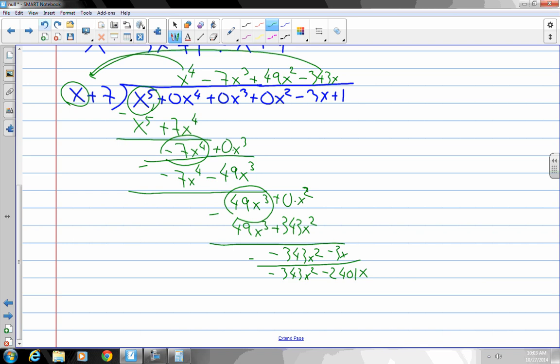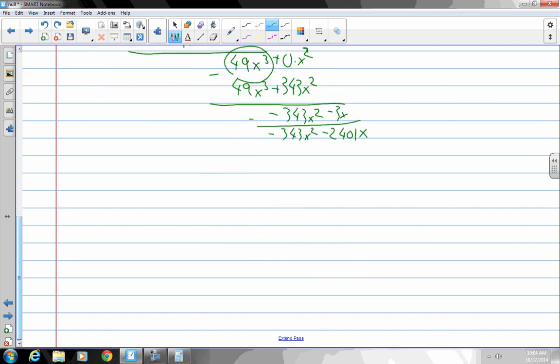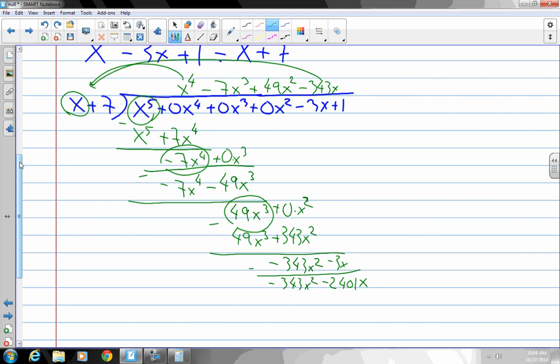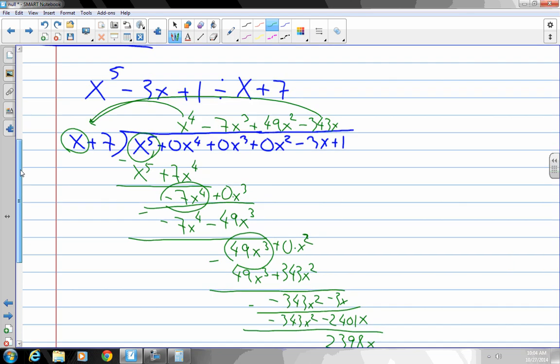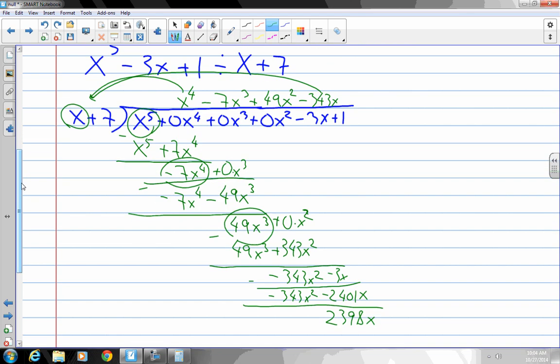Is that right? So you might have to do some long multiplication as a part of the long division. Okay. So then you, again, 343 cancel, then negative 3 minus negative 2401. So that makes it positive 2398. Is that right? I don't feel like multiplying that by 7 any longer.